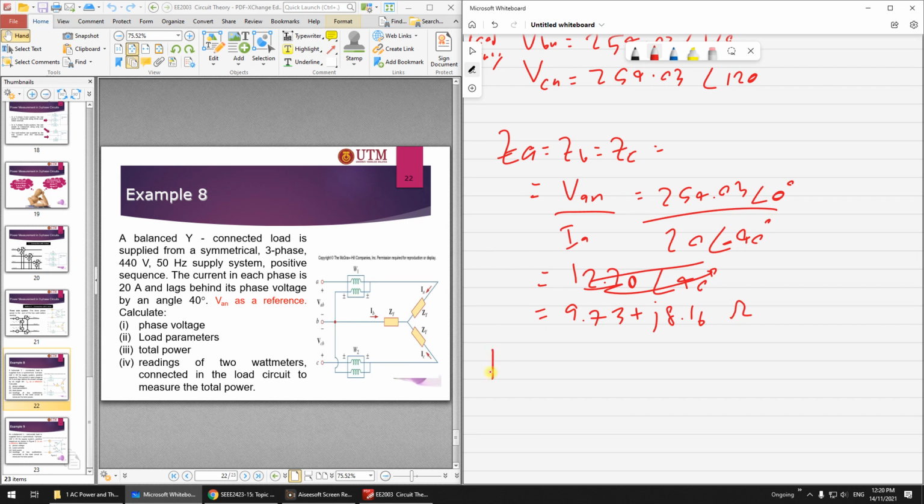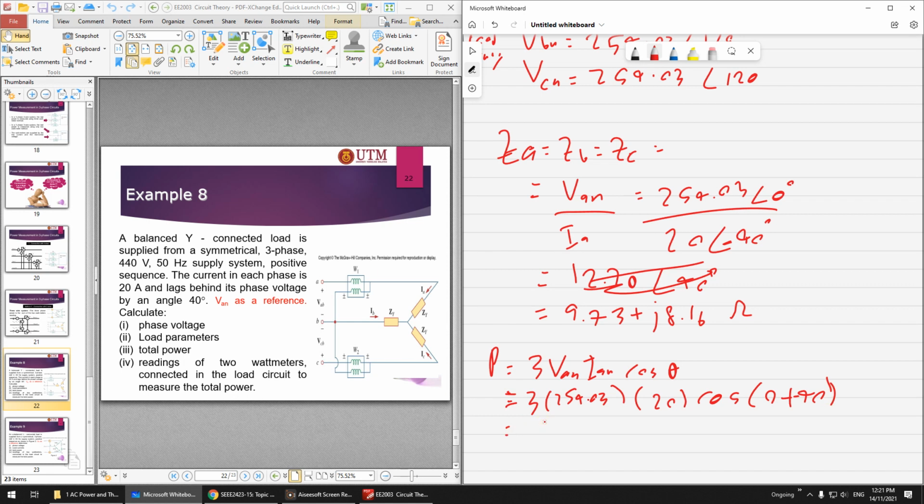So the total power P is equals to, because this is balance load, remember balance load, you can just use 3 phase, V_AN I_AN cos theta. So 3, 254.03. I is the 20. Don't include the angle. The angle you place it in the cos, so 0 minus negative 40.